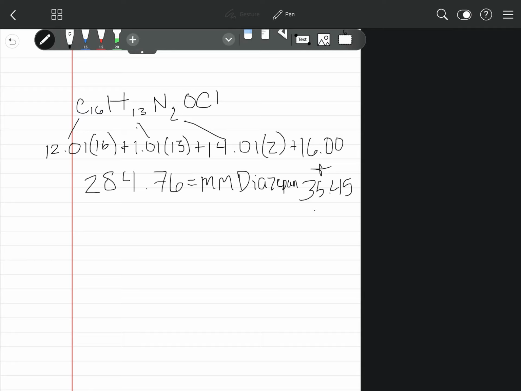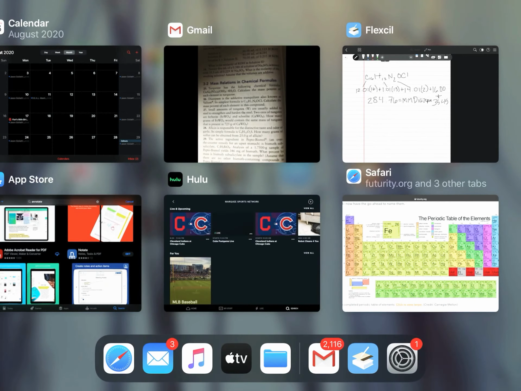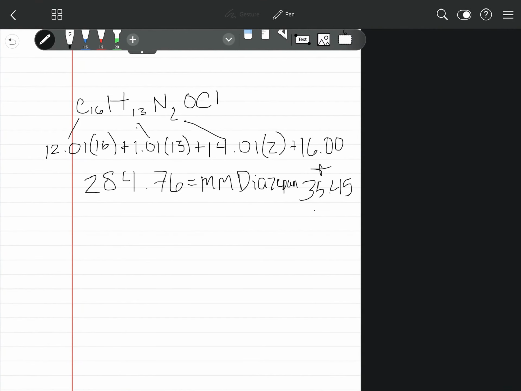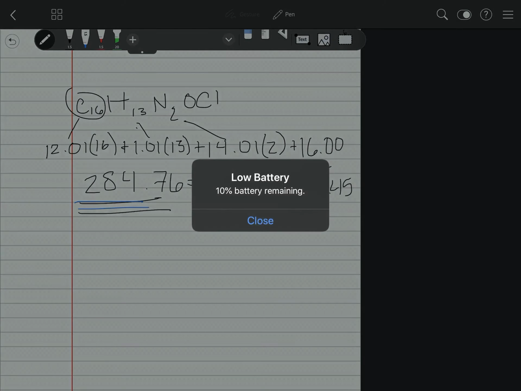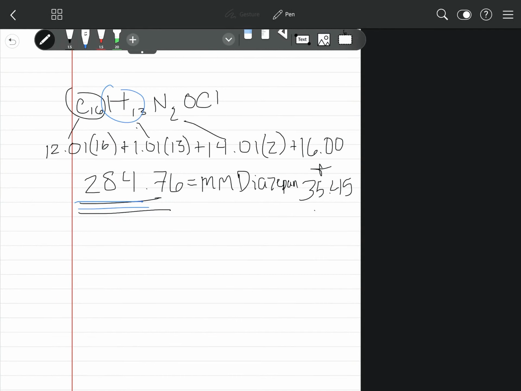Now it wants the mass percent of each element. So you're going to find what percent of this mass right here is made up of carbon, and then how much is made up of hydrogen, and the same thing going forward.